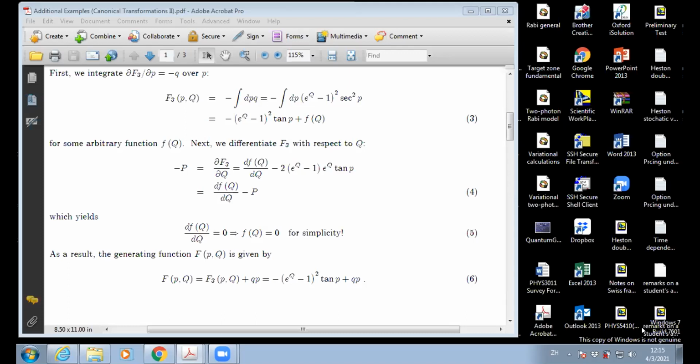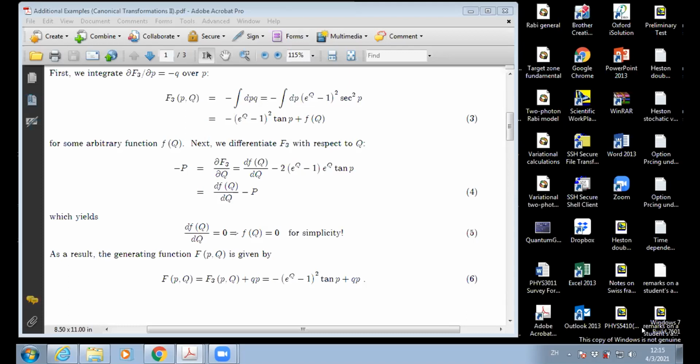Do you mean that we know the transformations already at the very beginning, am I right? Yes. But we do not know whether it is canonical or not. So we have to figure out the generating function. If we can find a generating function, then we know that the transformation is canonical.